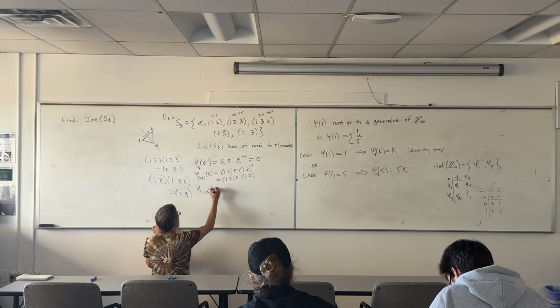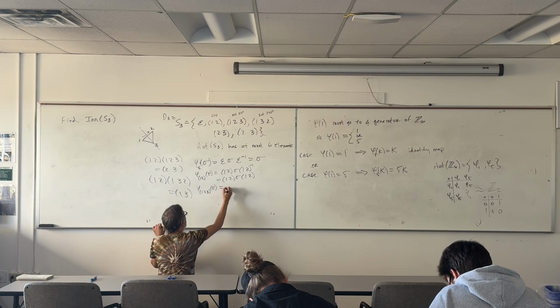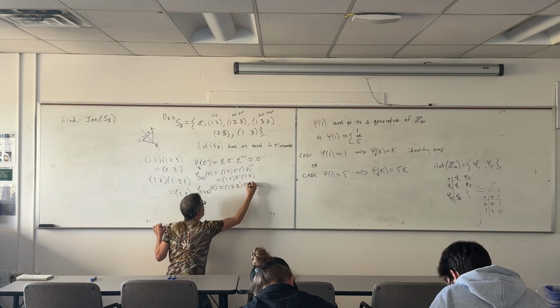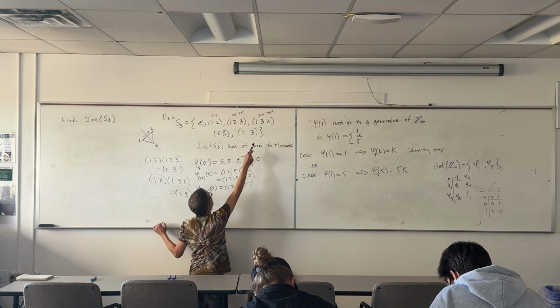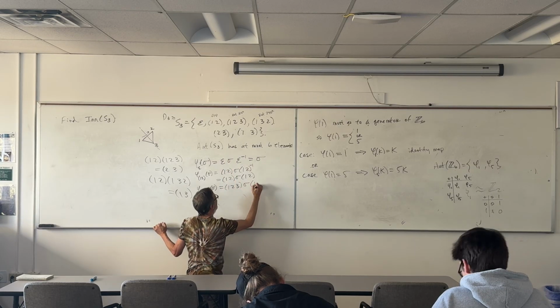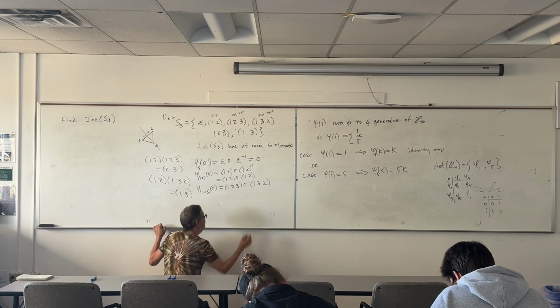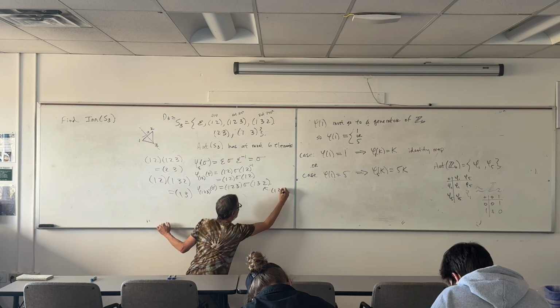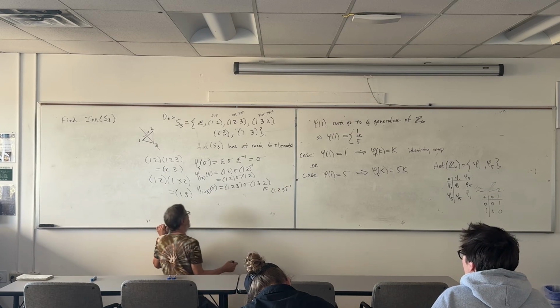Phi of 1, 2, 3 acting on sigma is 1, 2, 3, sigma, 1, 3, 2. That 1, 3, 2 is actually the inverse of the 1, 2, 3. So make a little note, this is 1, 2, 3 inverse. You could check that out.